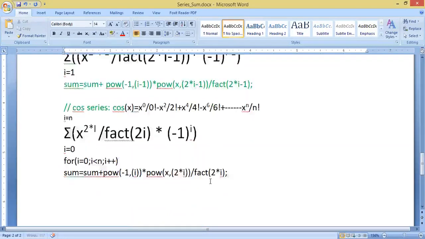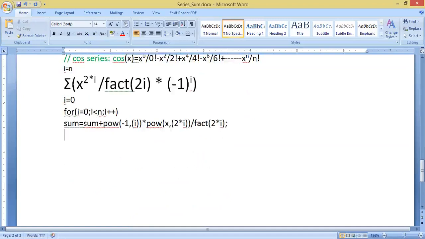So any kind of difficult series can also be calculated like this. Suppose I want to find the sum of this series: 1 plus, then 1 plus 2, then 1 plus 2 plus 3, then 1 plus 2 plus 3 plus 4, and so on.